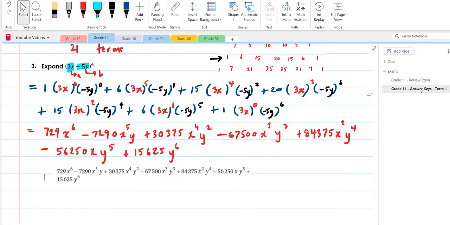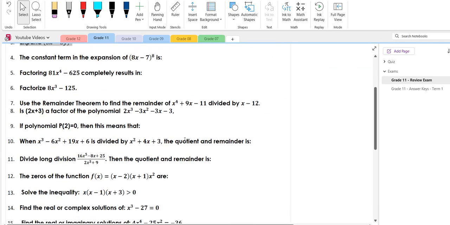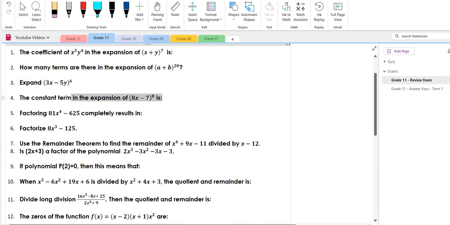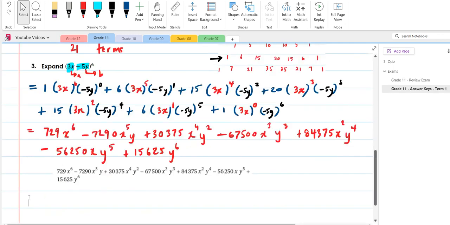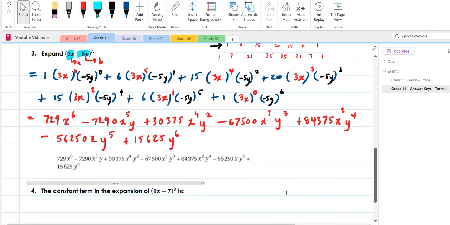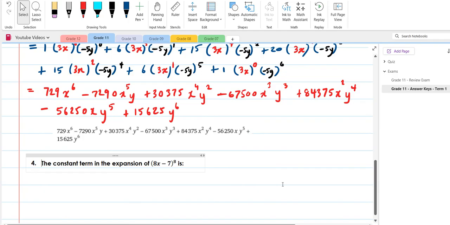Let's look at question number 4. In question 4, the constant term in the expansion of... so some questions are easy, some questions you've got to work out, like something like this. You've got to work out every single term using Pascal's triangle.